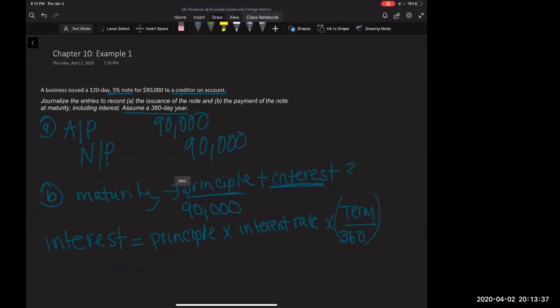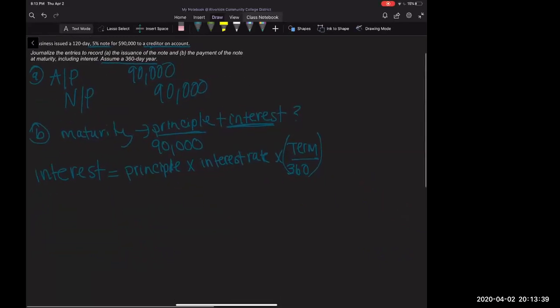I just need a little more space, so I'm going to collapse this a little bit. The way we're going to do this is go ahead and enter it, so you may pause it and work through it. My principal amount is 90,000 times the interest rate, which is 5%, times the term, which is 120 days over a 360-day year.